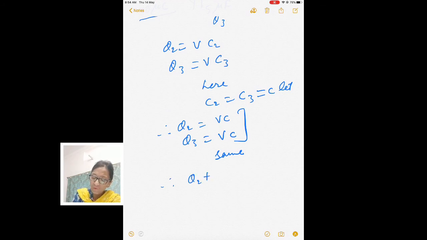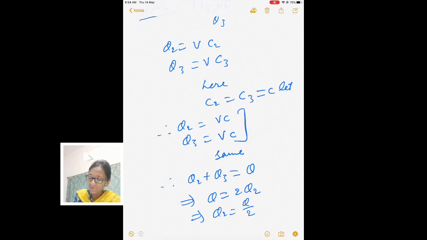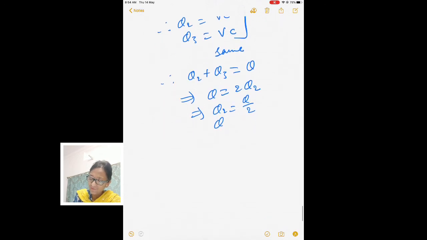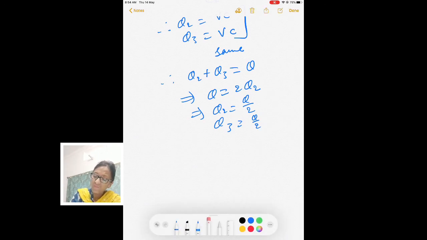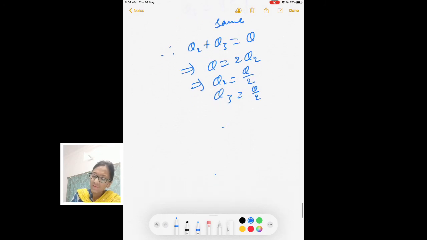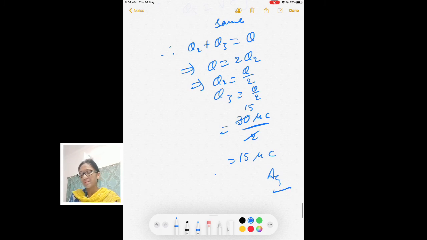Therefore Q2 plus Q3 is equal to Q implies that Q is equal to 2Q2. It implies that Q2 is equal to Q by 2, and this is also equal to Q3, Q by 2. So this is equal to 30 microcoulomb upon 2, means 15 microcoulomb. This is your answer.